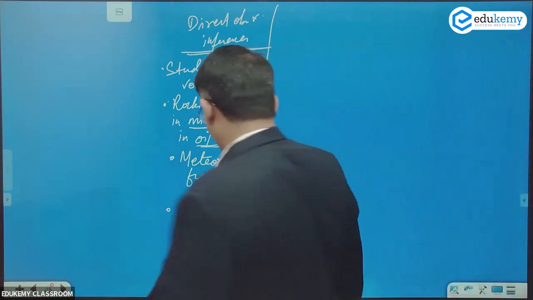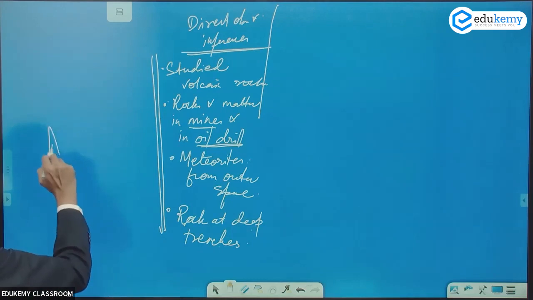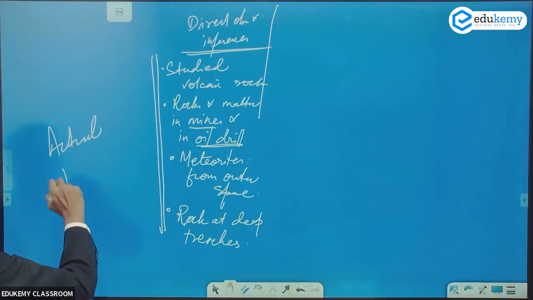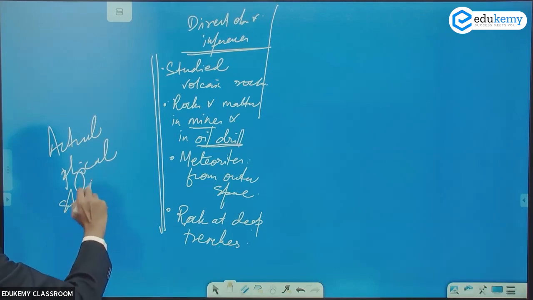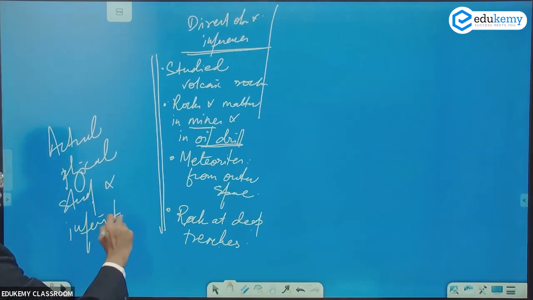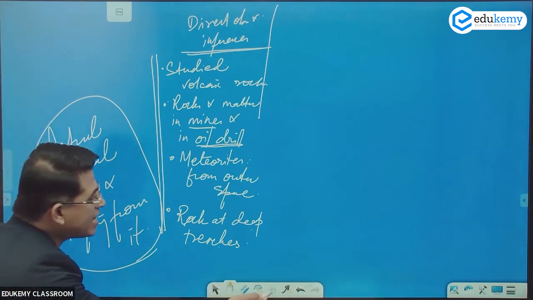So basically what we are doing is, this is the actual physical study and inferring from it. The actual physical study we have done, we have touched, we have seen. Okay, rocks at deep trenches.